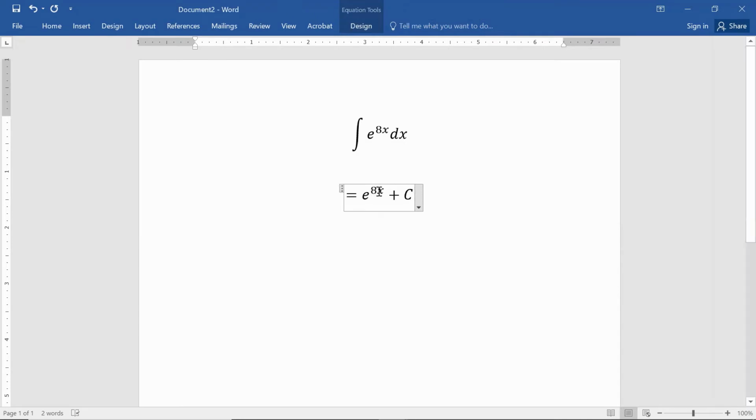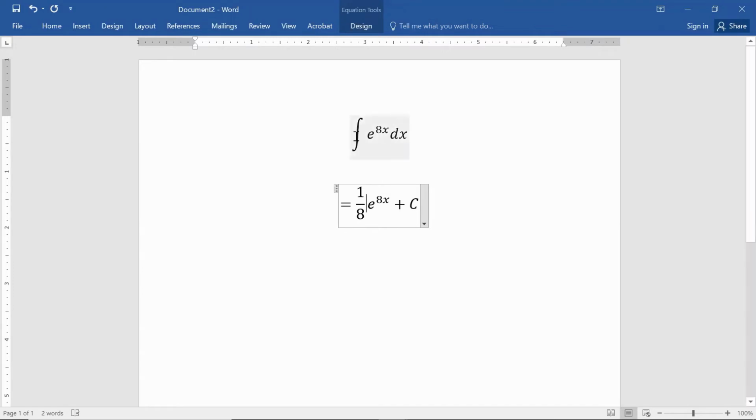Because my coefficient of x is 8, I'm going to get a 1/8 out front. Once we realize that that is what's happening with the linear u's, my process and my thinking can just automatically go like that.